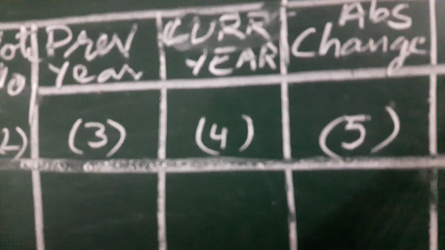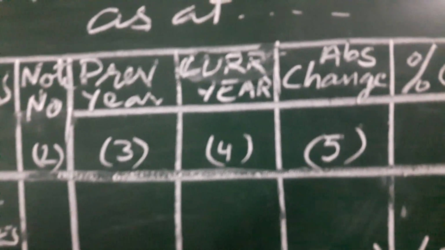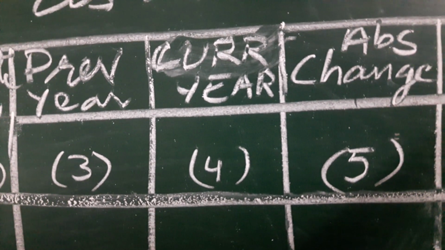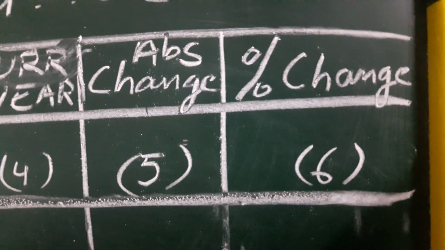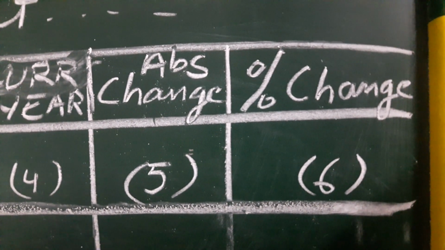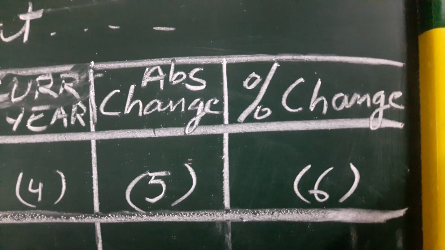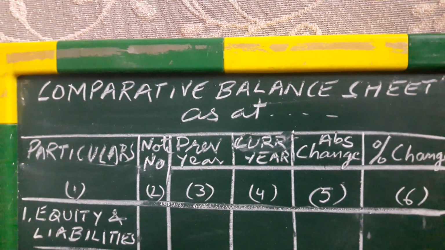After that, there is an absolute change. What do you mean by absolute change? That is, from previous year to current year, has it increased and by how much, or has it decreased and by how much? Absolute number. And the last one is, what is the percentage change? What percentage has it gone up or what percentage has it gone down? So these are the columns that you have to prepare.